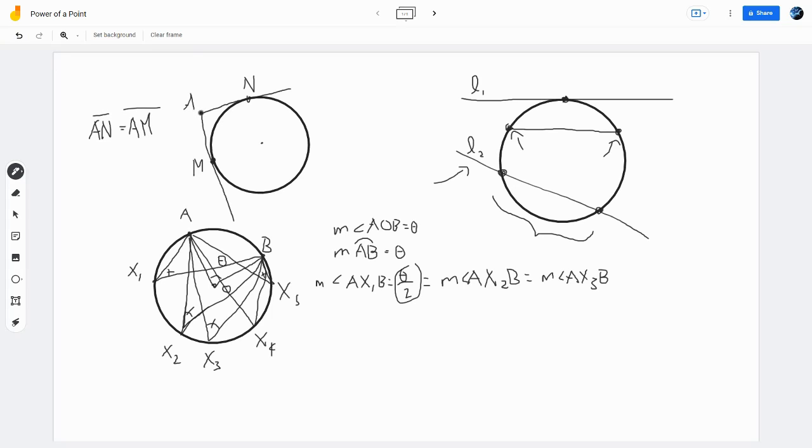So two tangents from a single point, the distance between that point and when they intersect with the circle, these are going to be equal. So AN is equal to AM. Those lengths are equal to each other. And these are also perpendicular.